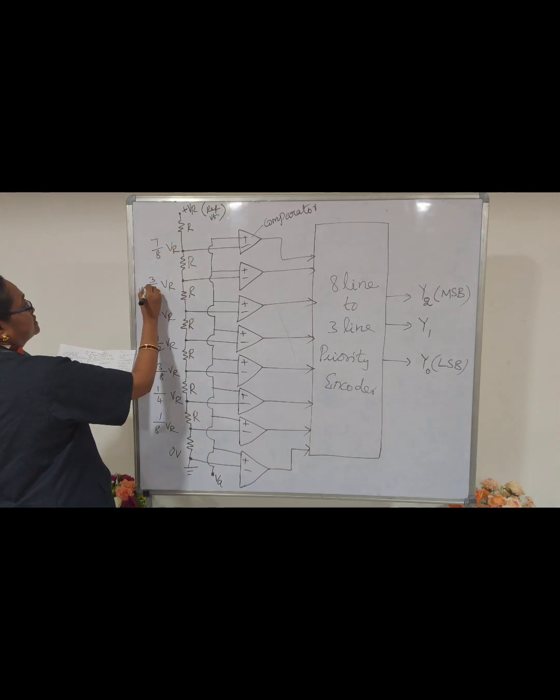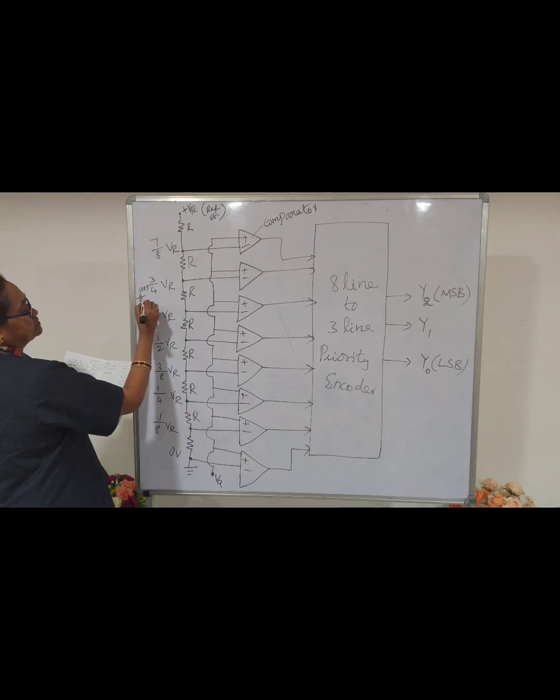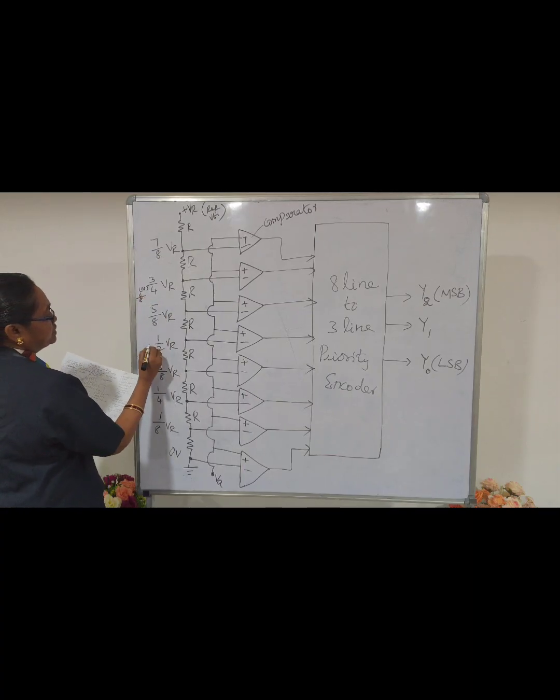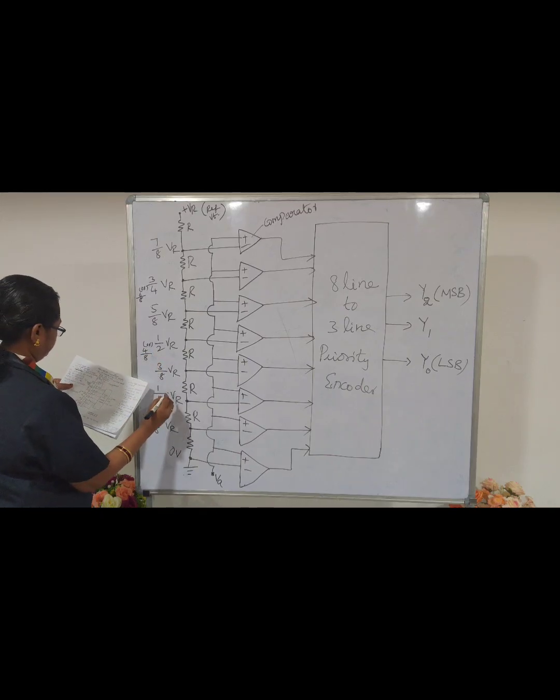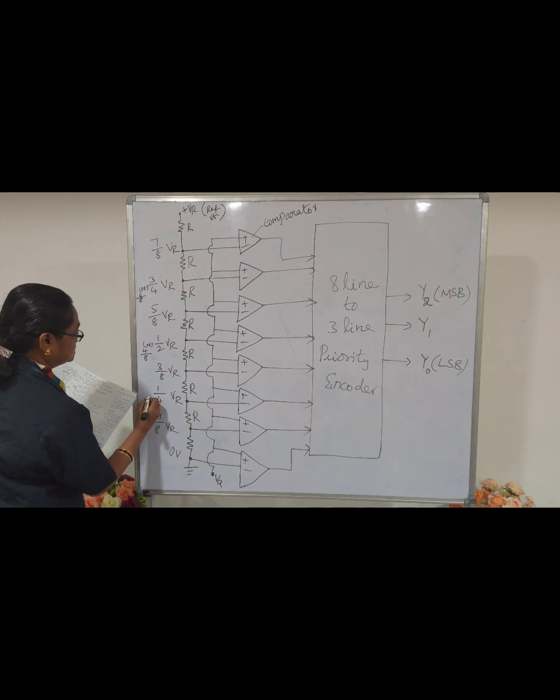Or we can see 6 by 8, 5 by 8, this is 4 by 8, 3 by 8, this is 2 by 8, or 2 by 8 VR.